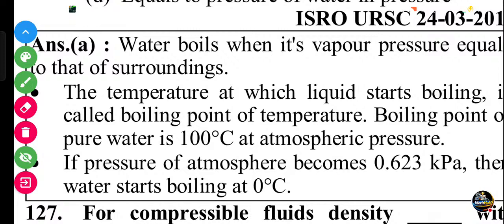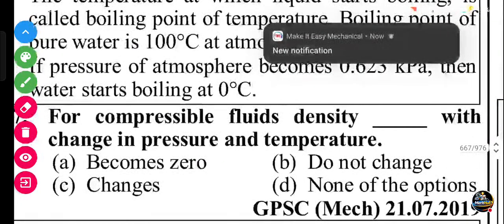The temperature at which a liquid starts boiling is called the boiling point. The boiling point of pure water is 100 degrees centigrade at atmospheric pressure. If the atmospheric pressure becomes 0.623 kilopascal, the water starts boiling at 0 degrees centigrade. Next question.